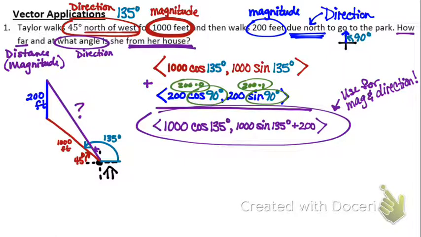So if I'm in quad 2 or 3, I need to know because I'm going to have to add 180 onto it. So this is just a little aside. I'm not going to use these numbers to find the magnitude or the direction. This is just to confirm what quad I'm in. If you do 1,000 cosine 135, this is about how big?